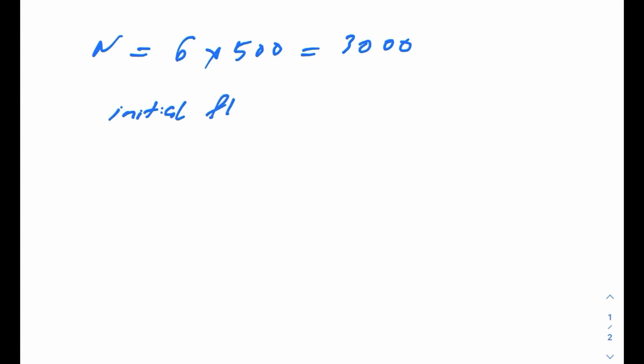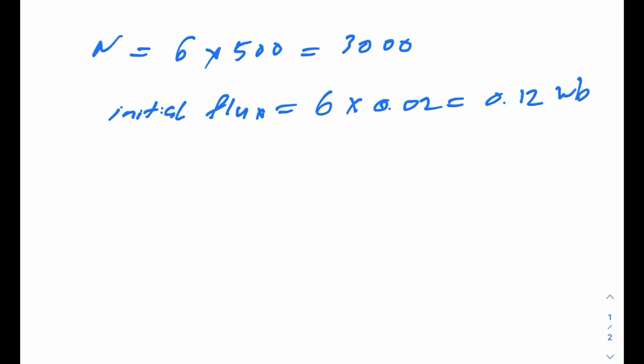We have to find the total number of turns. So N equals 6 multiplied by 500, which is 3000. Then we find the total initial flux: 6 poles multiplied by 0.02, the answer is 0.12 Weber.